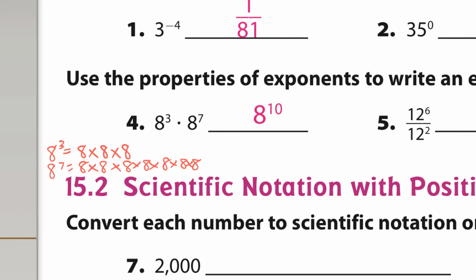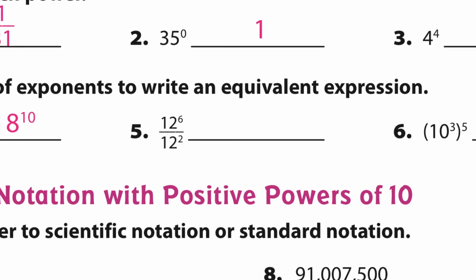Obviously, you just add your exponents, 3 and 7. When you're multiplying powers, you add the exponents. And when you're dividing powers, you subtract the exponents, and 6 minus 2 is 4. But if you want to see why it's 12 to the fourth, let me show you first. That's 12 to the fourth, and I'd like to show you why.